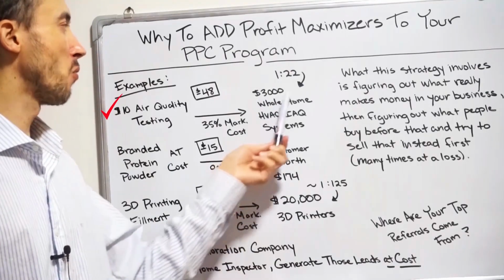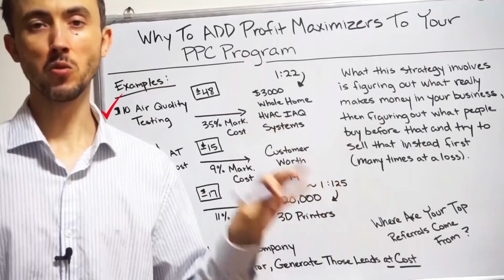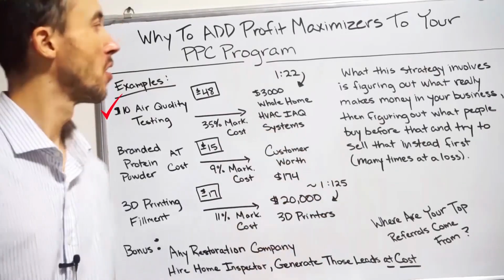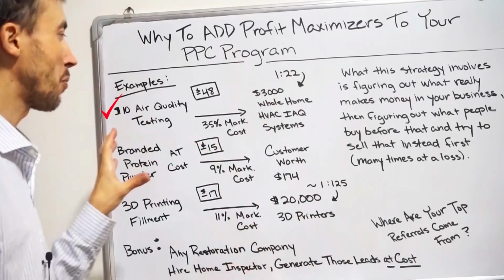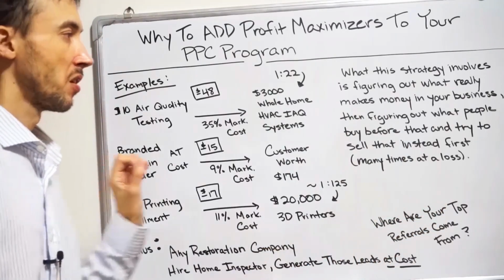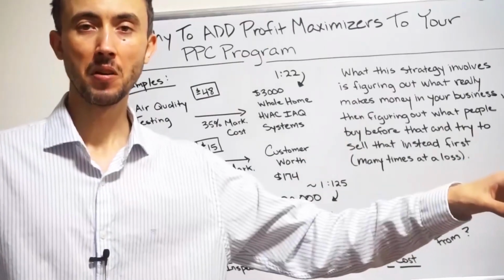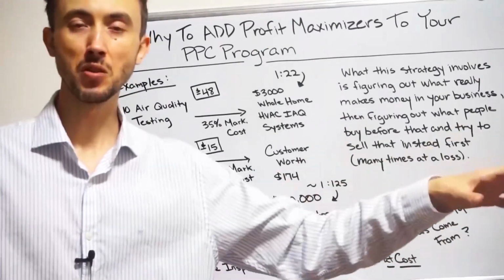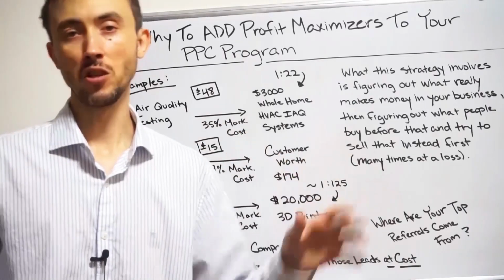For a $3,000 system, about one out of 22 people would convert into a whole house IAQ system when they had a polished sales process in place, which they didn't care about the air quality testing itself. It was just lining up a person that can be sold on a whole house IAQ air filtration system.